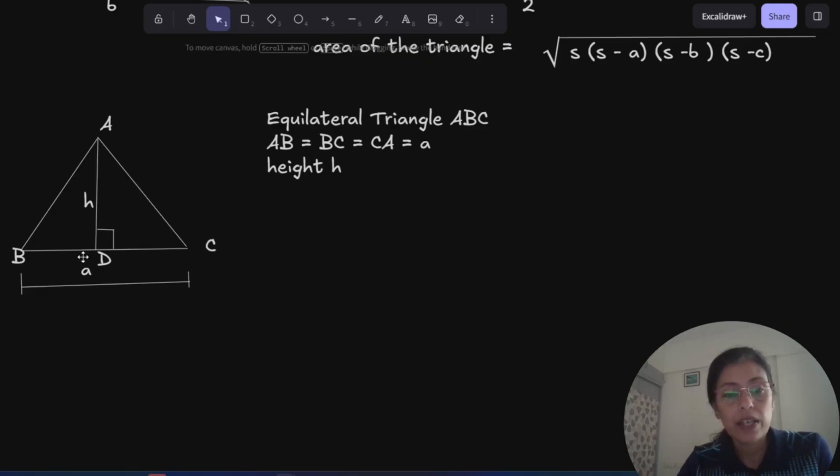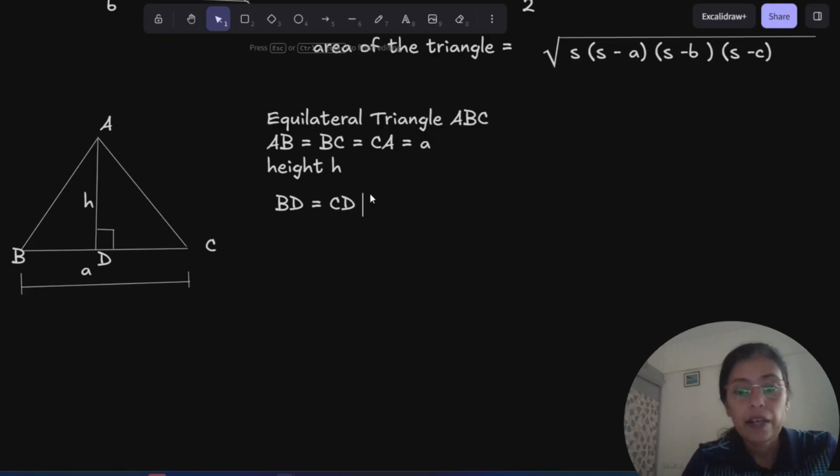Both these triangles are right angle triangles. Then hypotenuse AB is equal to AC. It is an equilateral triangle. Both are equal in length, A. And then side AD is common to both. So by RHS congruency, triangle ABD and ADC are congruent. This means BD is equal to CD. So I'll write here BD is equal to CD, which means both are equal to half of A.